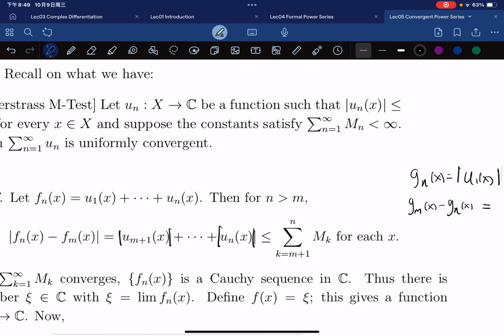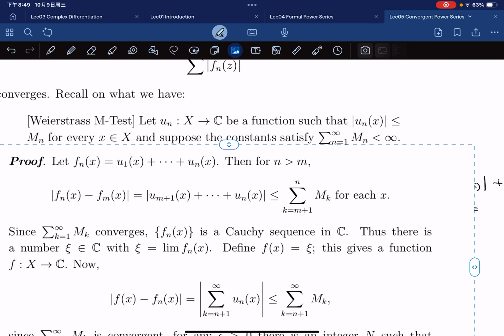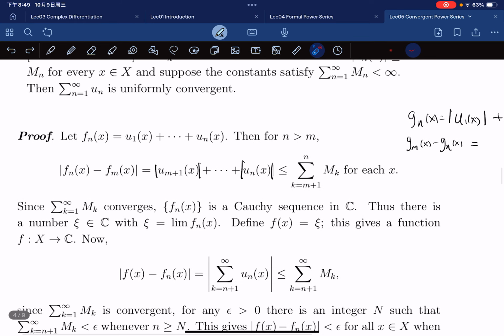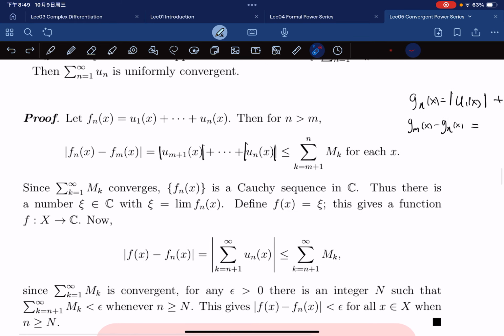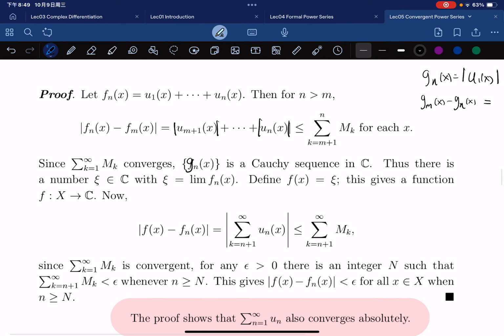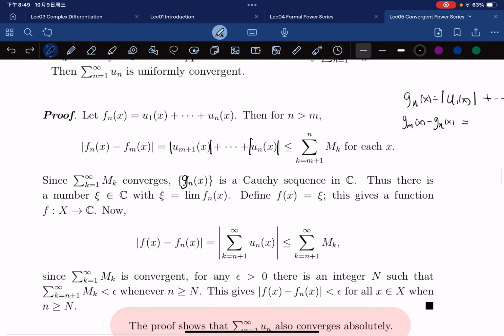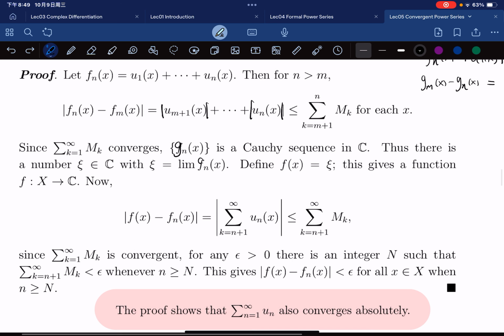But remember, this still holds because we have that |u_n| is less than or equal to M_n, so this will still be less than that, which means that G_n(x) is a Cauchy sequence in C. Define g(x) equal to this limit, psi, right? So this gives a function g.